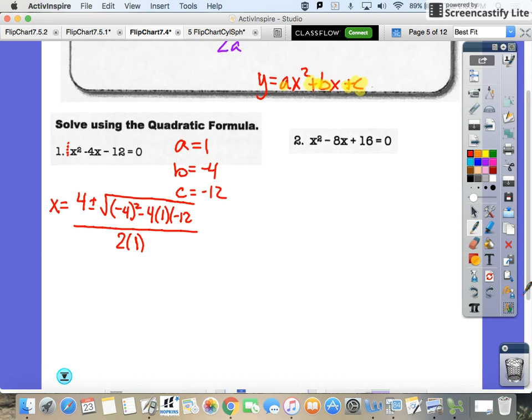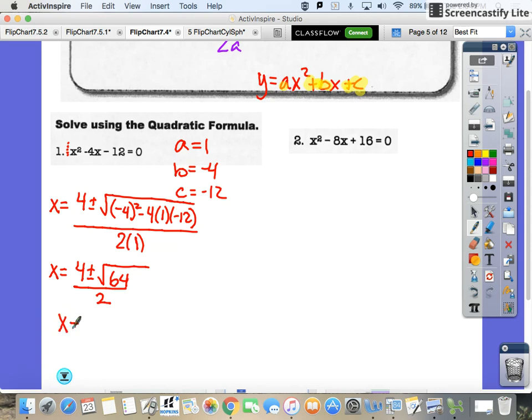To simplify this a little bit, x is equal to 4 plus or minus the square root of 4 squared, which is 16, and then -4 times 1 is -4, and -4 times -12 is +48. So we have 16 plus 48 is 64, all over 2. I'm going to break this into our two solutions.